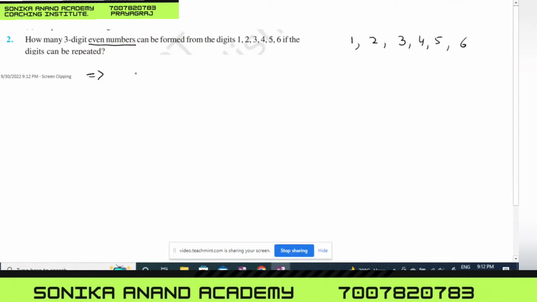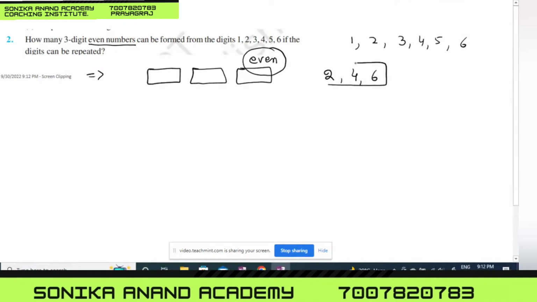Clear? Yes, ma'am. 3-digit numbers we have to write over here. For the even number, the last digit must be even, that is divisible by 2. So 2 is even, 4 is even, and 6 is even.